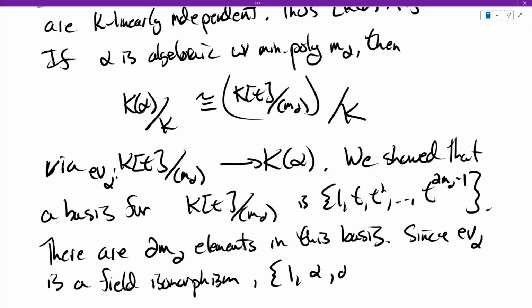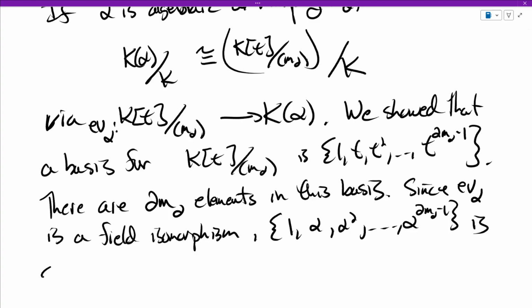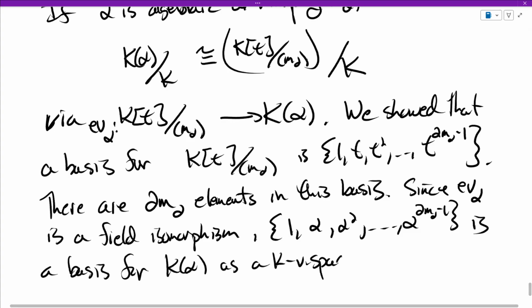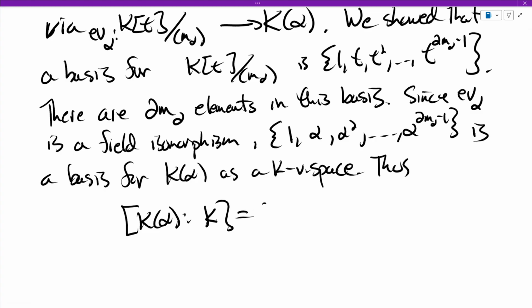It plugs in alpha into them. So this is a basis for k(alpha) as a k vector space. Thus, the degree of k(alpha) over k, again, how many elements are there? The same as before, the degree of m_alpha.